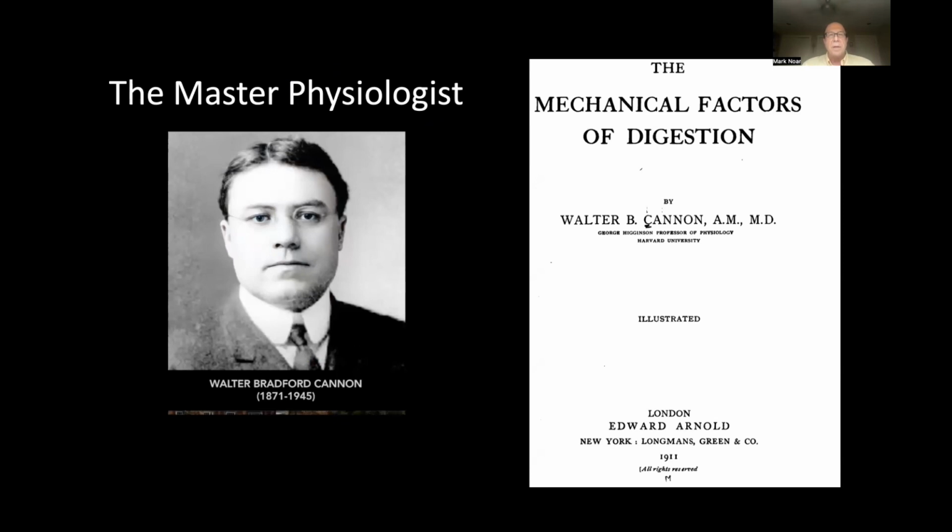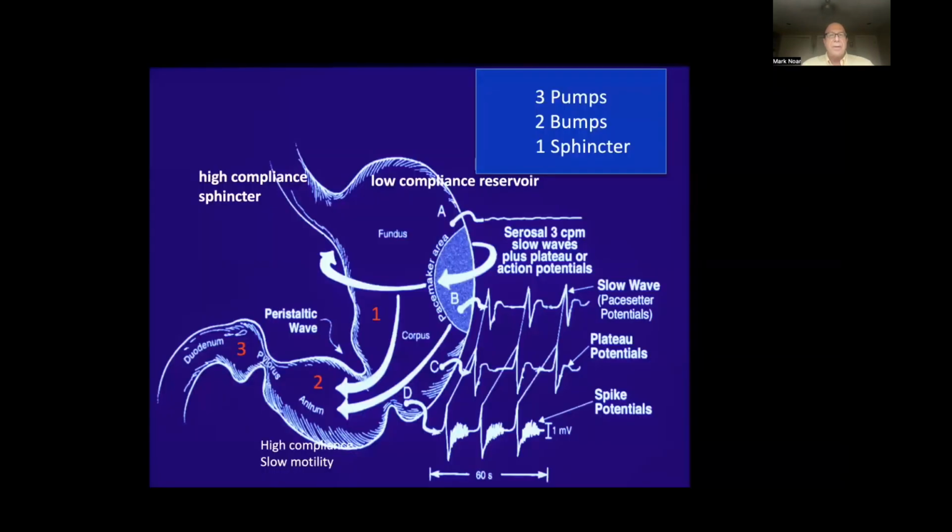Walter Cannon was a master physiologist who, using direct observation of gastric contraction, was able to show us actually how the stomach worked, which could explain not only how we can explain disease and why disease occurs, but also what we're actually seeing with the EGG. In particular, we'll call this the 3 pumps, 2 bumps, and 1 sphincter approach to anatomy and physiology.